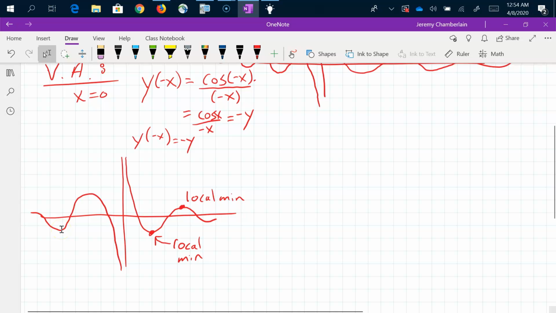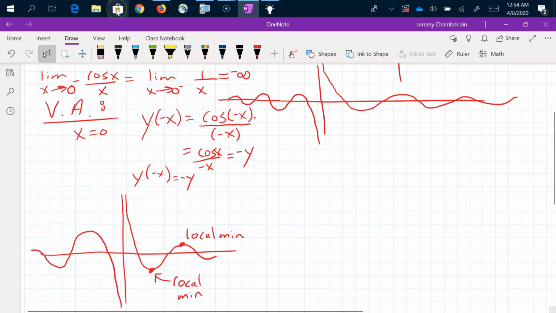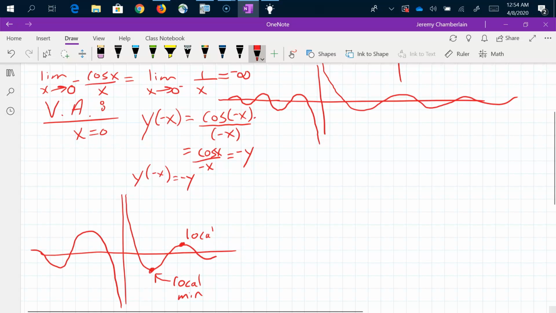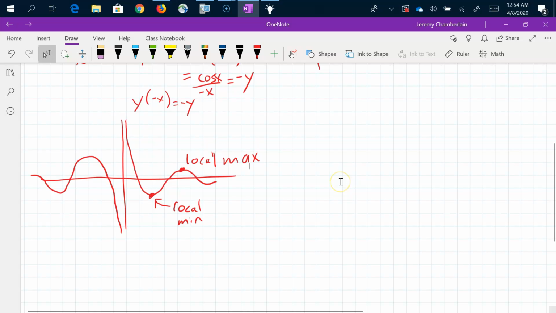Oh, and I can't write today, so let me erase something here. This is a local max over here. Alright, so if we can understand the right-hand side of this graph, then we, for free, get the left-hand side of the graph. Alright, so now let's go about finding the extrema.